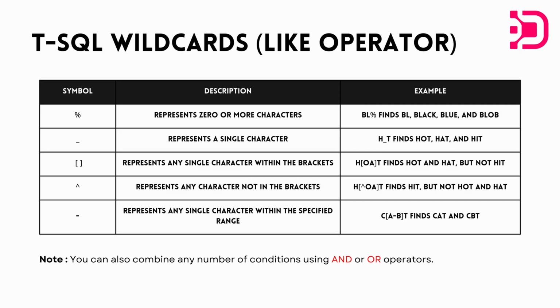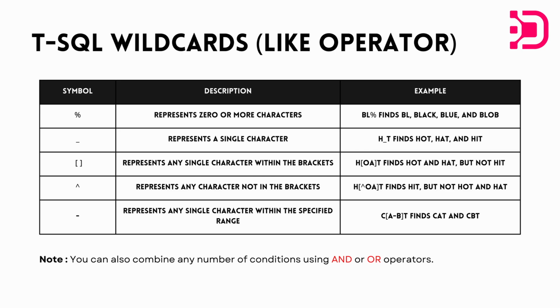So if you've got an h and then you open square brackets, a cap, OA, and close square brackets and t, it represents every three letter word starting with H and ending with T, but doesn't have O and A in between. So hot and hat will not be returned.